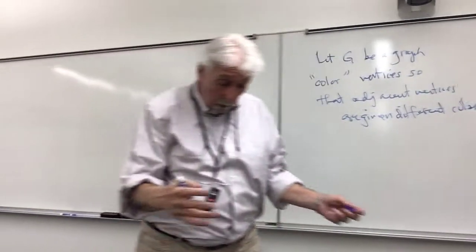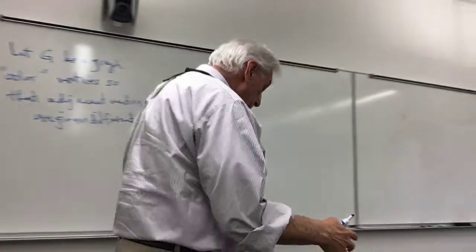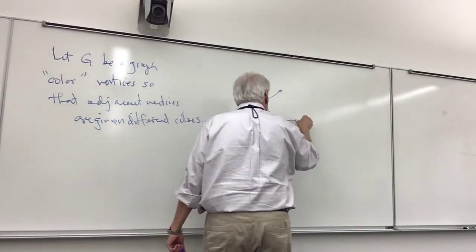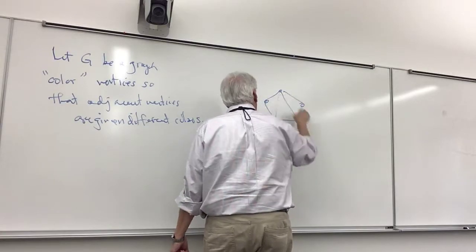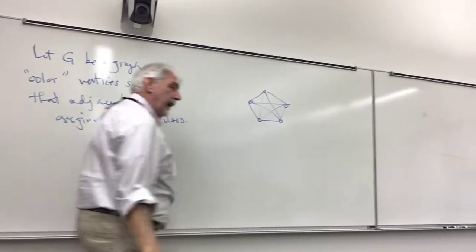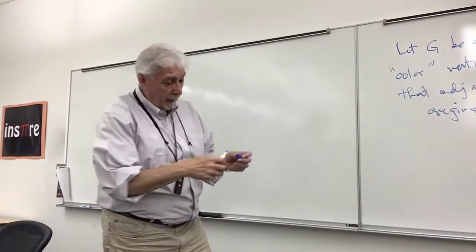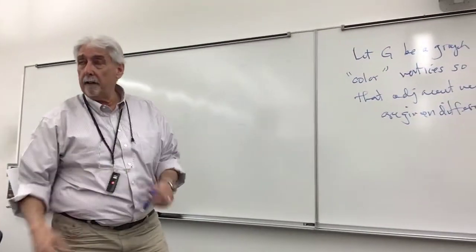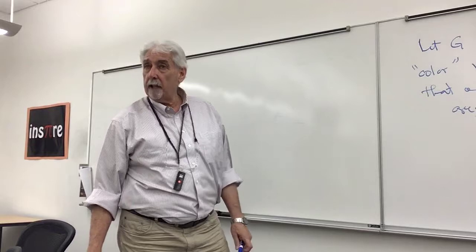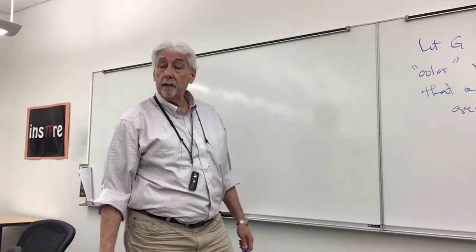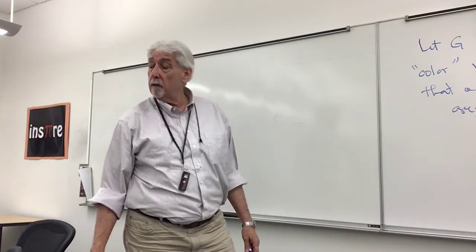In particular, I'm not going to draw the Petersen graph yet. If I'm looking at this graph here, better known as K5, how many colors does it take to color this? 5 colors.